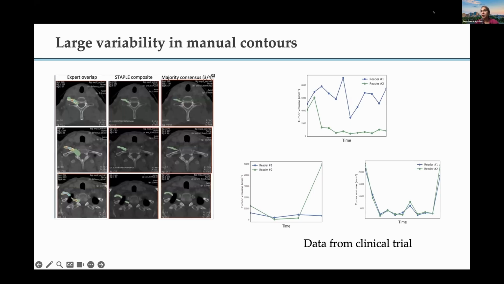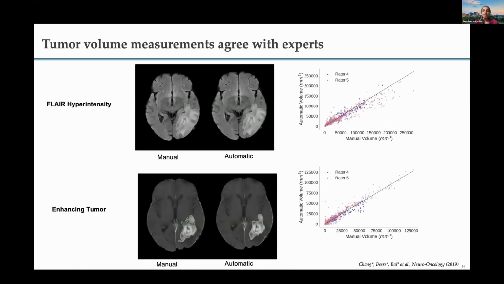So again, this is not a new discovery. We've seen this reported in the literature as well. We've had many studies where we've had multiple raters do segmentation, and if you actually look at their contours, you can see substantial differences. So the goal is that if we can automate this process, perhaps it'll be at least more consistent.